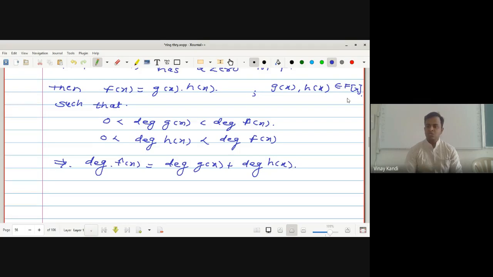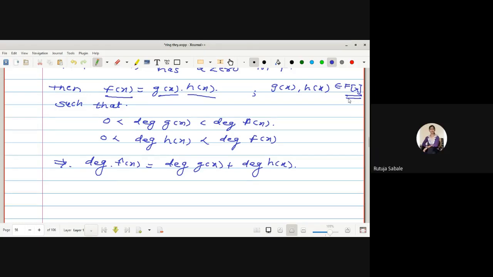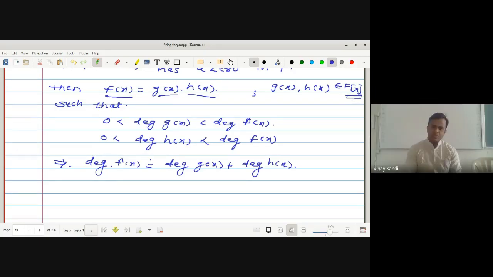Why? Because this capital F of x is an integral domain. When it is an integral domain, the degree of f of x is equal to the degree of g of x plus the degree of h of x. Here this F is a field, which means capital F of x is an integral domain. If it were not an integral domain, what would it be? It would be less than or equal to.